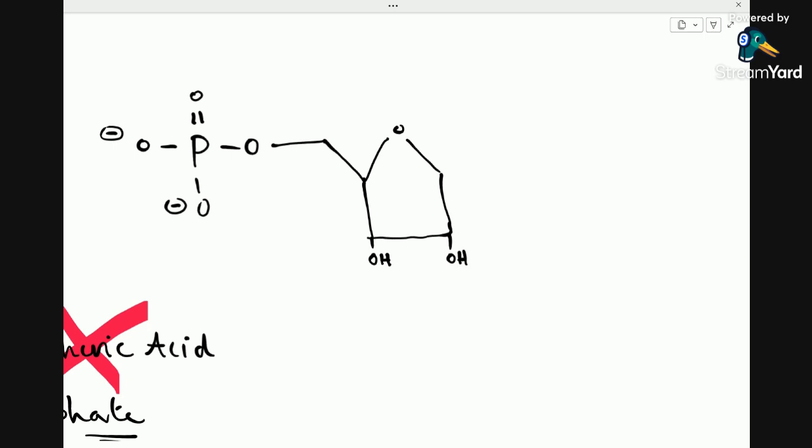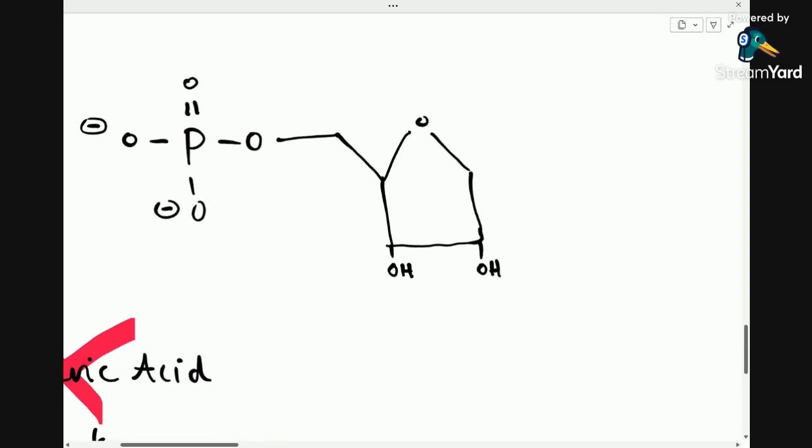It has hydrogens elsewhere as well, and a couple of other things, but we're not going to worry too much. Just to be clear, where the carbons are, this is carbon 1, carbon 2, carbon 3, carbon 4, carbon 5. So I'm just going to make that clear. Carbon 1, 2, 3, 4, and 5.